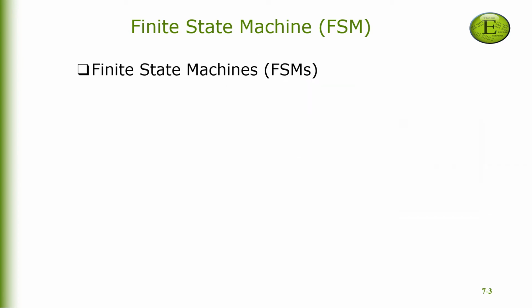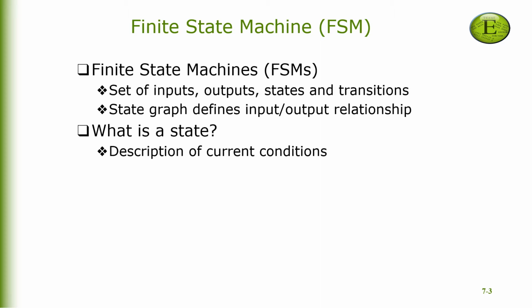Let us summarize the essential elements of the finite state machine. The most important one being the state. So we looked at an example of a JK flip-flop, and essentially the state is a description of current condition.